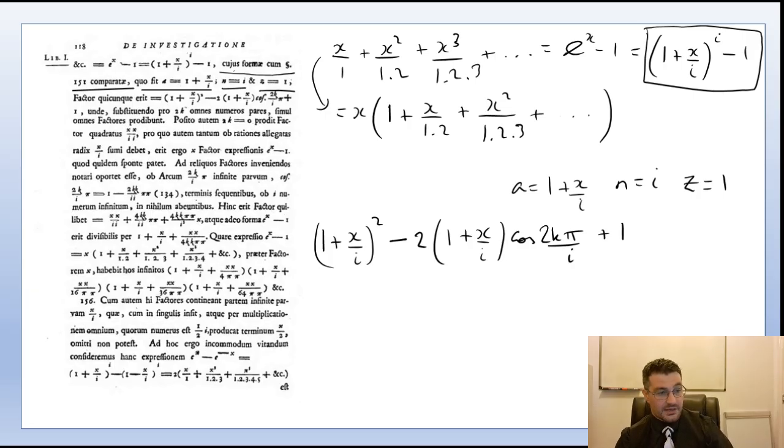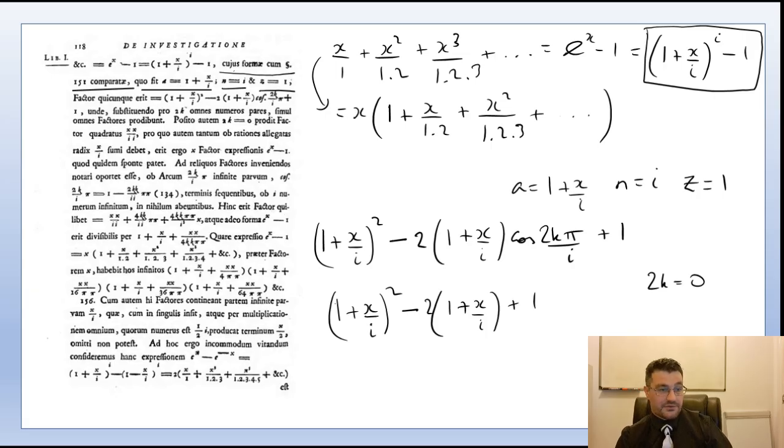Right, so in the case where 2k is equal to 0, we still need to make this little adjustment. So in this case, we will get as a potential quadratic factor (1 plus x over I) squared minus, so cos of that is going to be twice (1 plus x over I) plus 1, which is of the form a squared minus z squared, which is going to reduce to (1 plus x over I minus 1) squared.